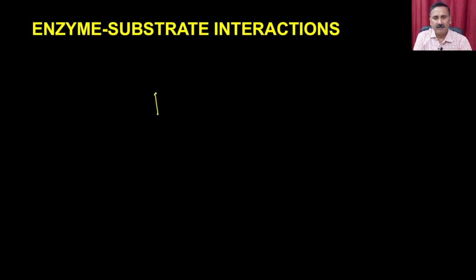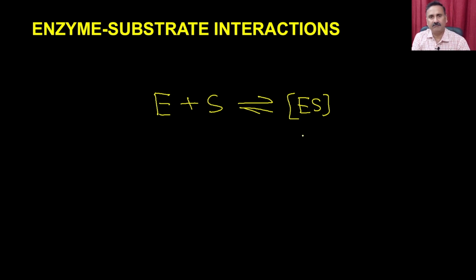So when the enzyme is interacting with the substrate and making a complex like the ES complex, at this stage the substrate is making a lot of modifications in the enzyme structure. It is changing the mass or the size of the enzyme.